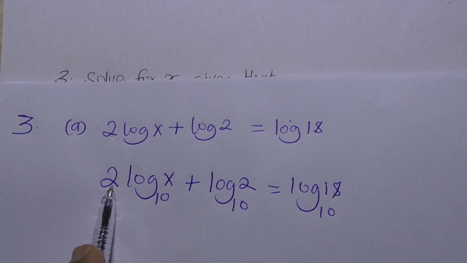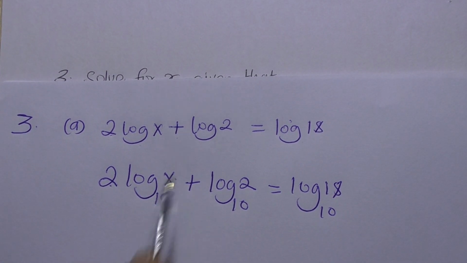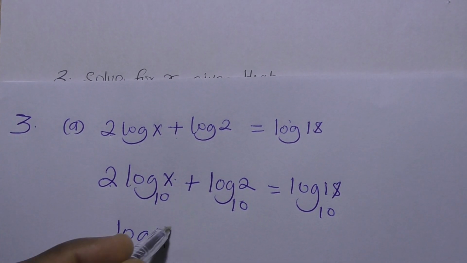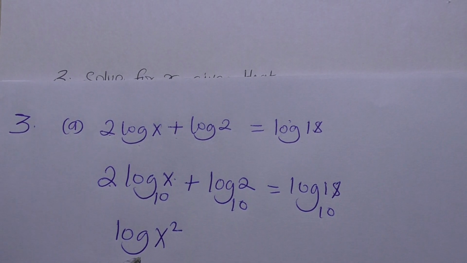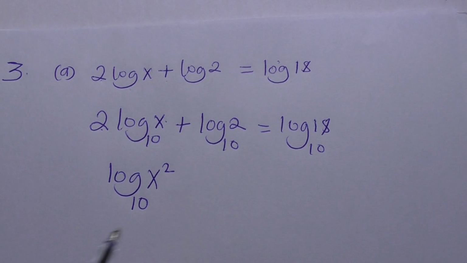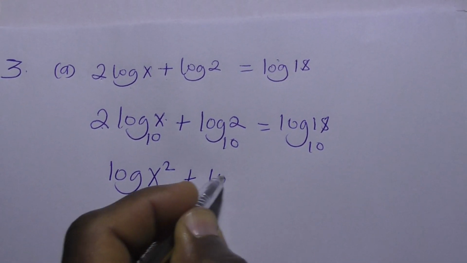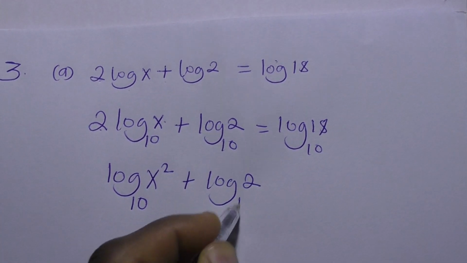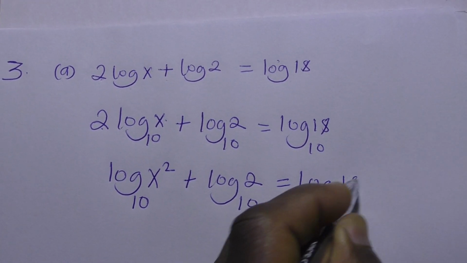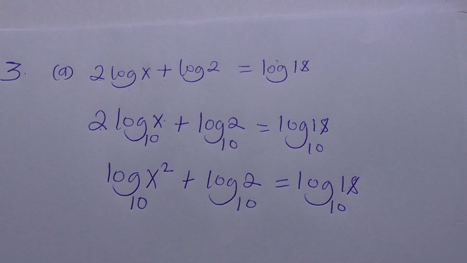Then we take the coefficient to become the power of x, whereby we shall have log x squared base 10 plus log 2 base 10 equaling log 18 base 10.